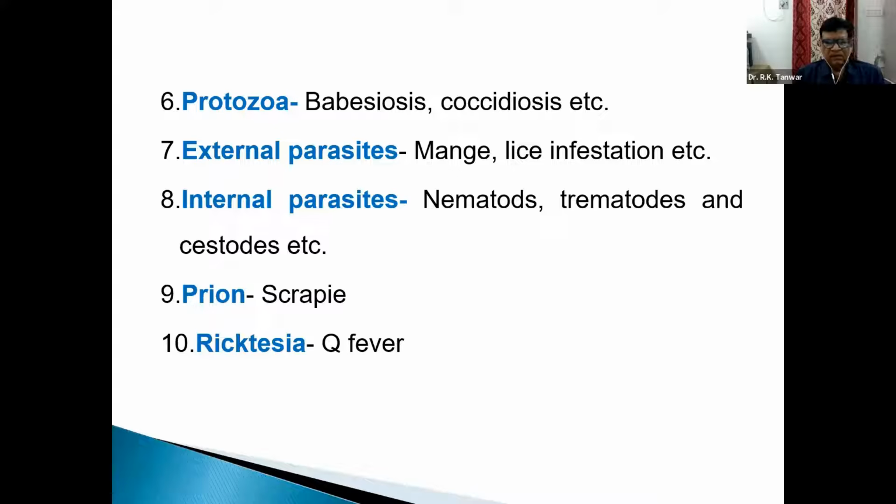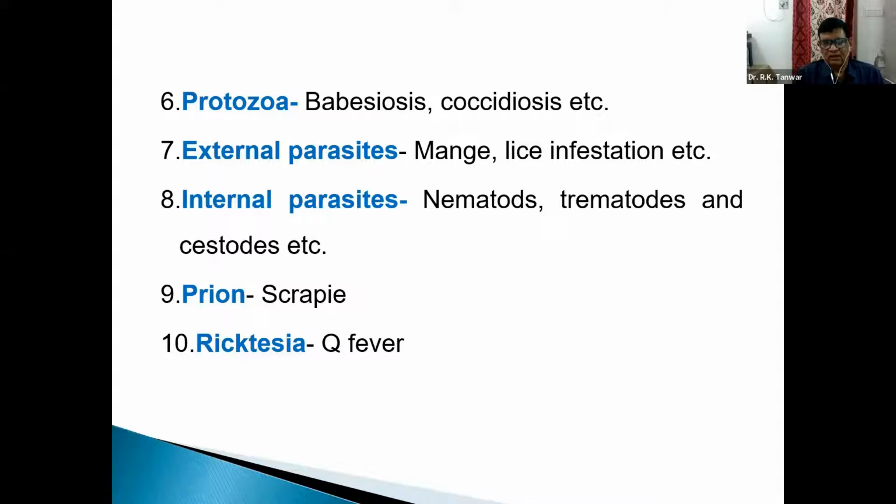As far as prion disease in sheep and goat is concerned, the disease is scrapie. I think everyone knows prion is a small virus-like particle devoid of nucleic acid. But here one thing is very interesting, I don't know, though India is free from prion, we have two diseases, one is mad cow disease and another is scrapie. But prion disease is present in human beings.